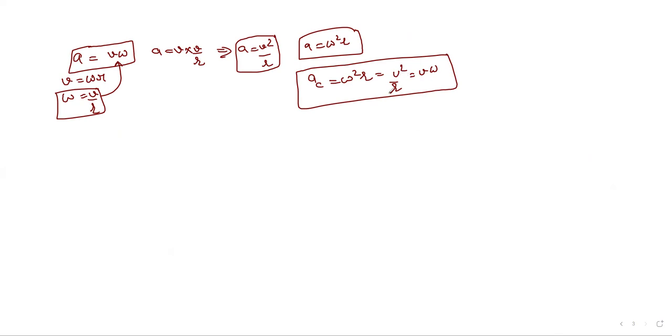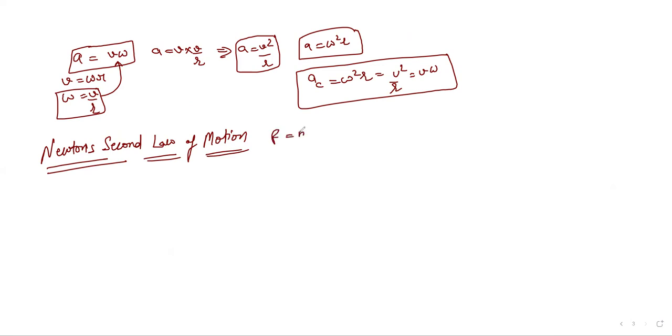Now, if this is centripetal acceleration, what does Newton's second law of motion state? There is one equation from Newton's second law of motion that relates force and mass. How are force and acceleration related?